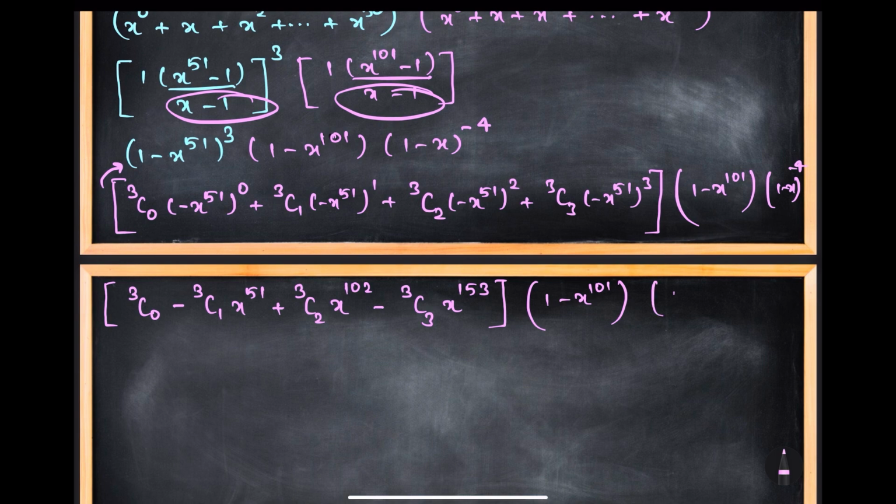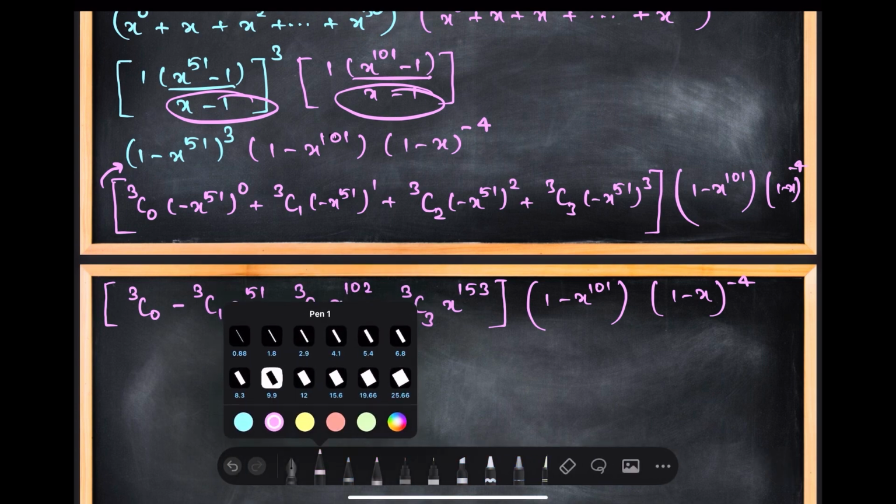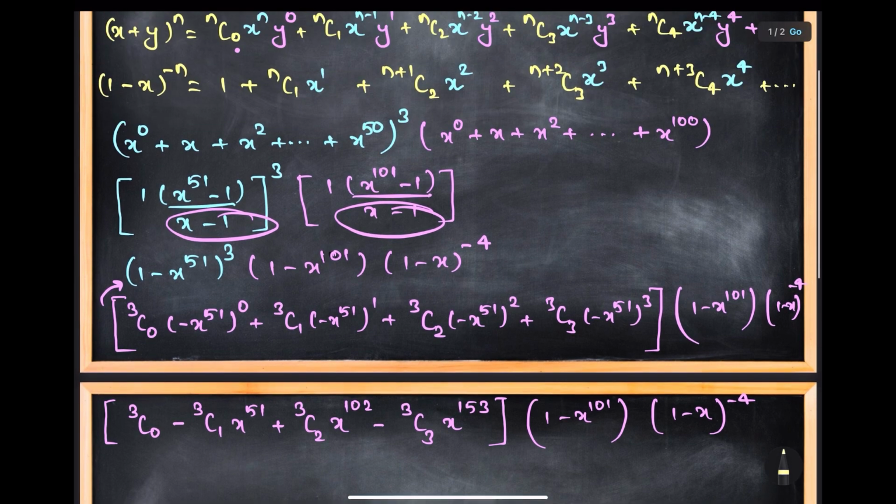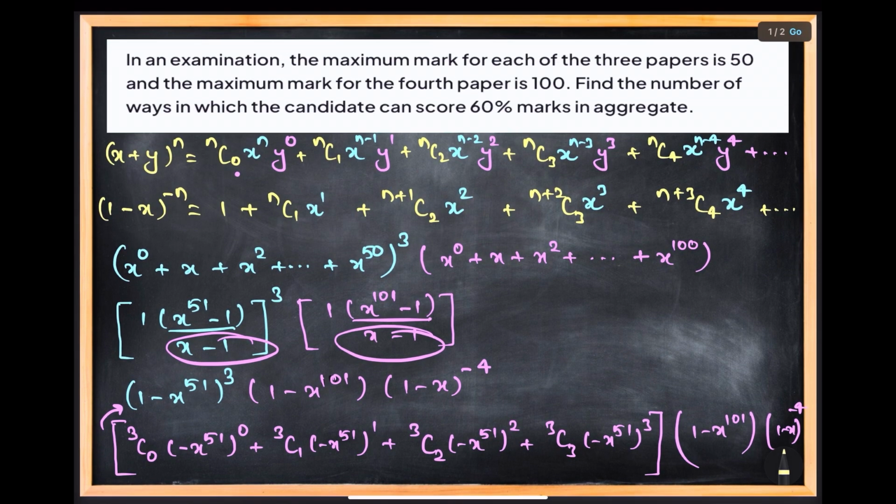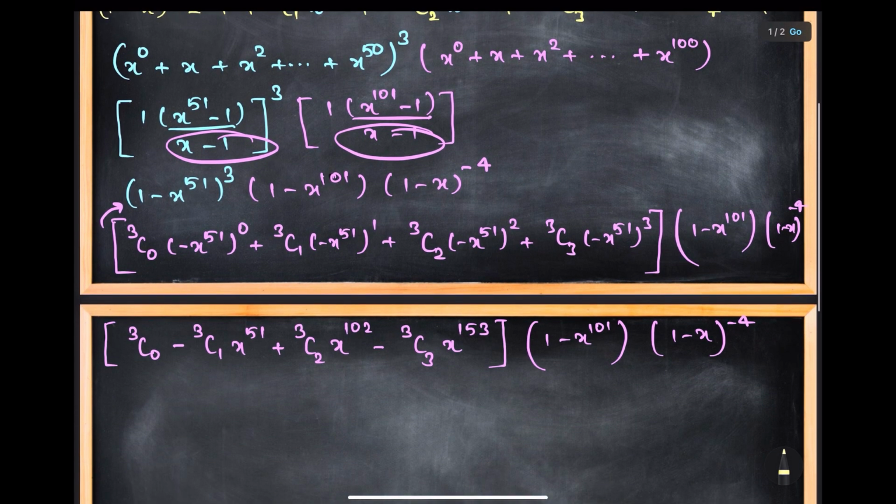Now I'll be using that concept where we have to find what should be the coefficient of the required number. Okay, we have to get 60% marks, correct? So we have to get 60% of the total marks.